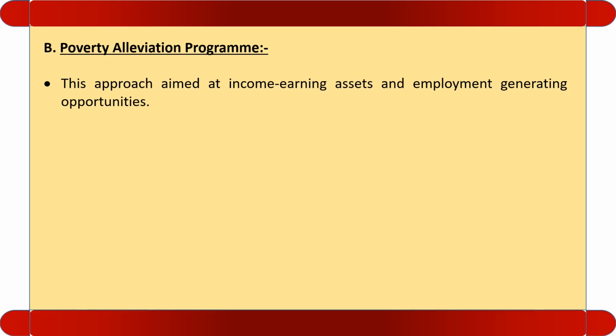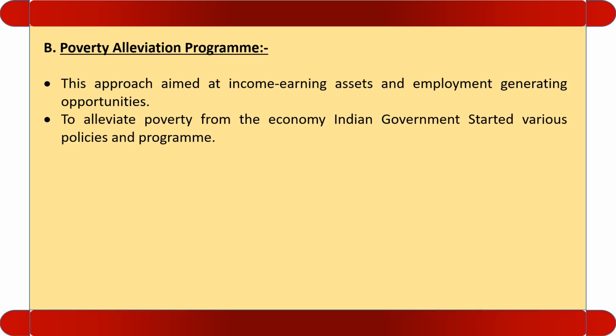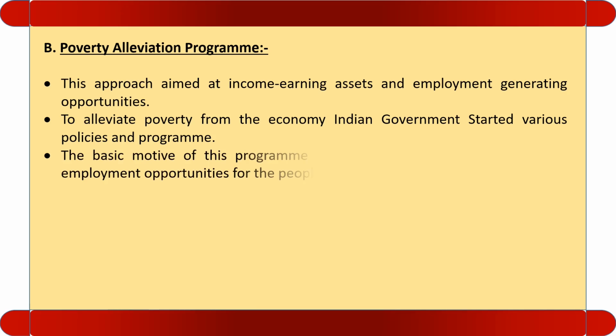If employment is generated, the problem of poverty will be wiped out completely. To alleviate poverty from the economy, the Indian government started various policies and programs. The basic motive of these programs is to eliminate poverty. How? By generating employment opportunities for the people, as I told you.